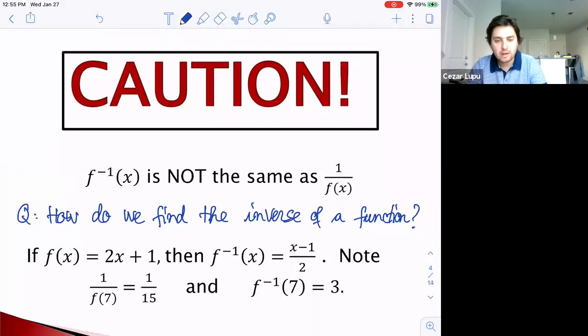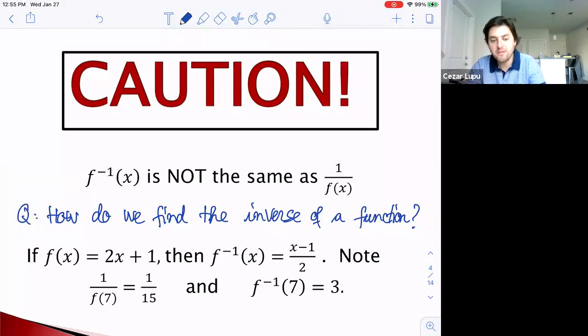But you see, clearly, f inverse is not the same as 1 over f, because if you compute 1 over f of x, for example, if you plug in x equals 7, f of 7 is 15, so 1 over f of 7 is 1 over 15.